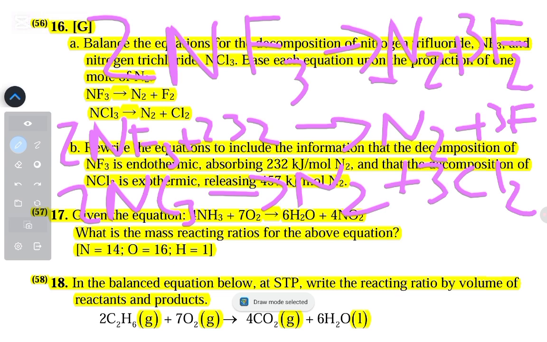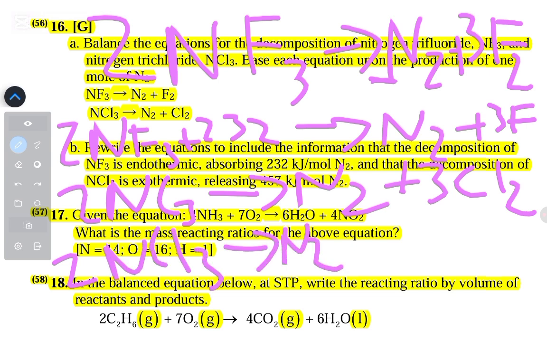So it's going to be 2NCl3 equals N2 plus... We only have 1 mole of nitrogen, so plus 457. Yeah, that's it. And don't forget the units, kilojoule per mole.